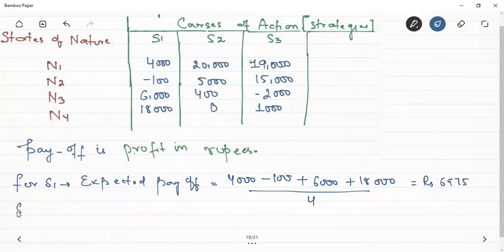Similarly, for S2, the expected payoff will be equal to 20,000 plus 5,000 plus 400 plus 0 divided by 4. So this will be equal to rupees 6,350.